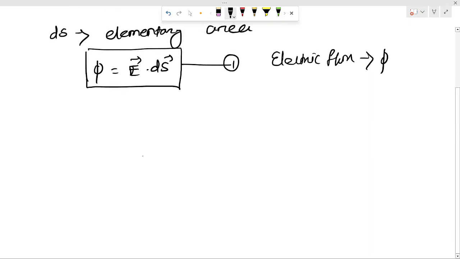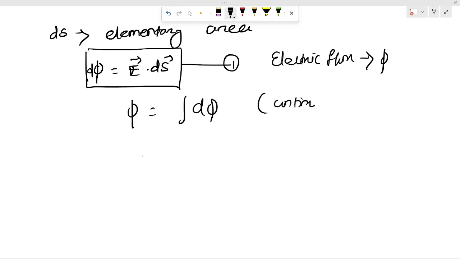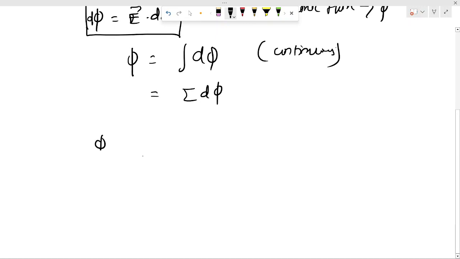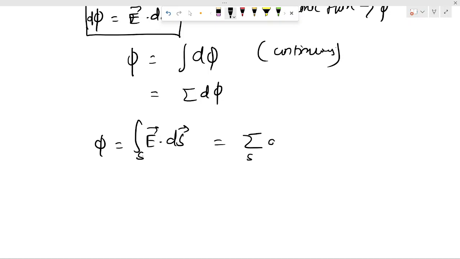So if I am taking the elementary area ds, then I will have to write d phi. If I have to find phi, then I will have to integrate over d phi if the body is continuous. Otherwise, I will have to take the summation. If I do the summation, I will get phi equal to summation of E dot ds.